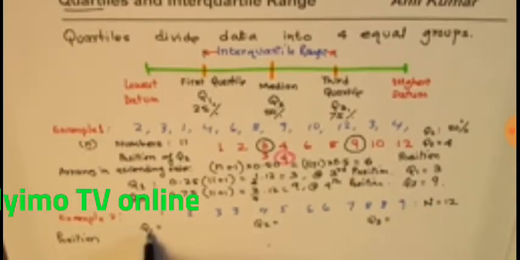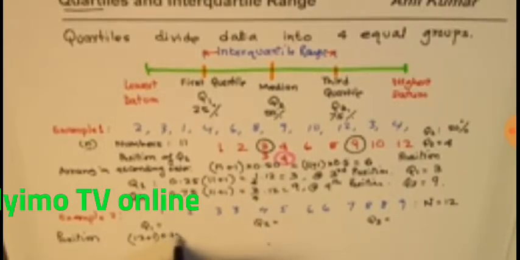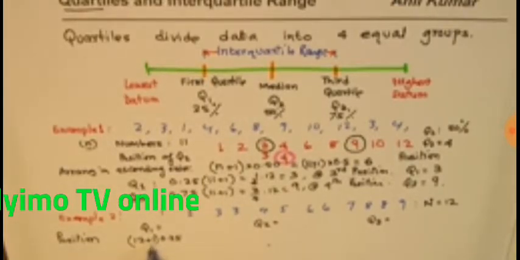So position for quartile number 1 is what? It is 12 plus 1 times 0.25. So 12 plus 1 is 13, so 13 times 0.25. That is to say it is 1/4 of 13.